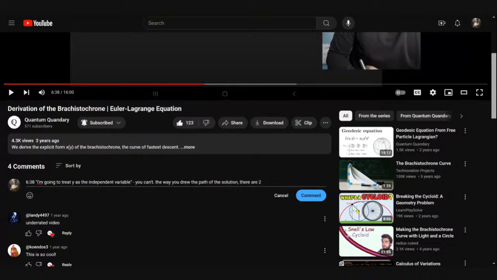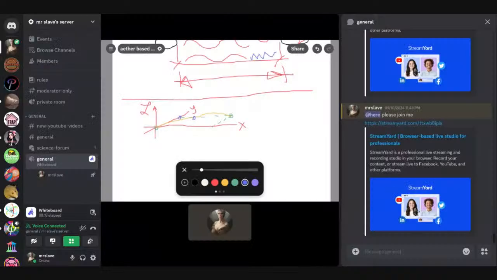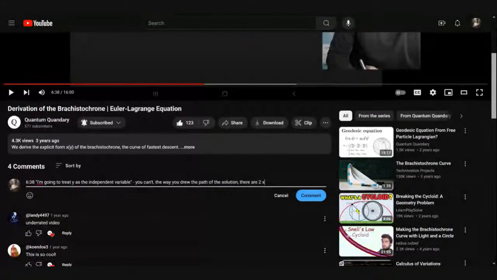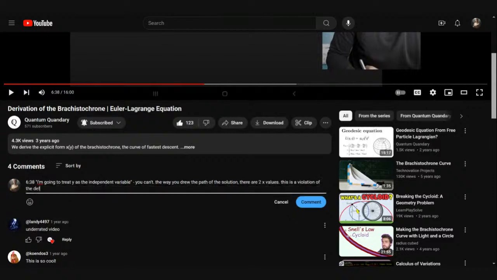Oops. There's x and another x. There's two x values. This is a violation of the definition of a function.